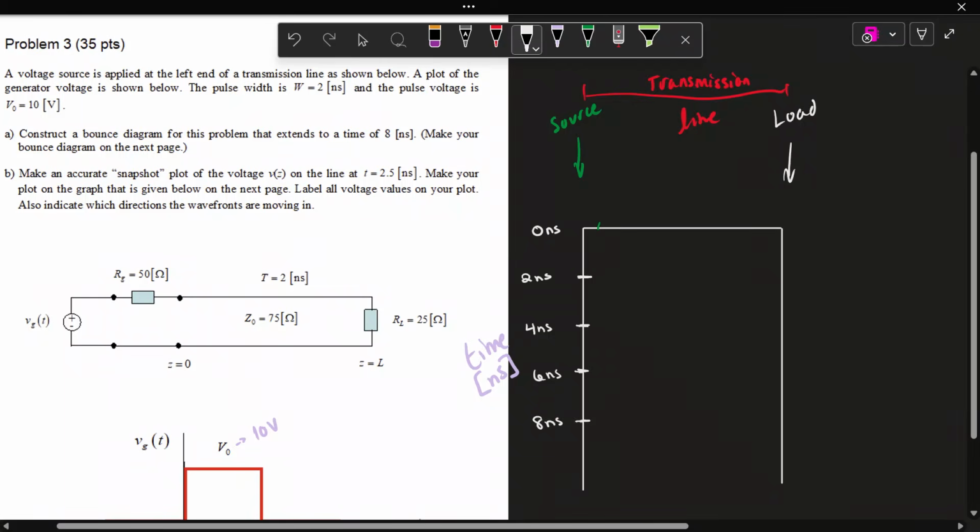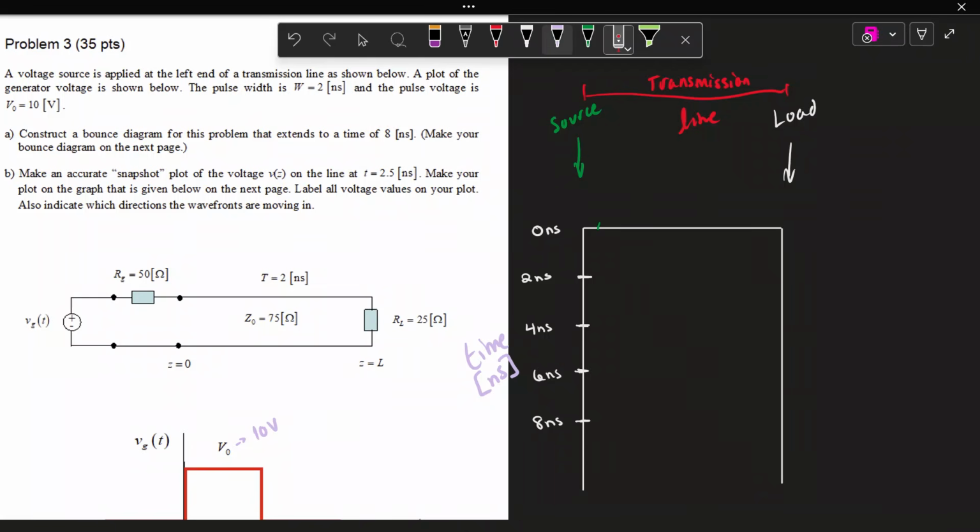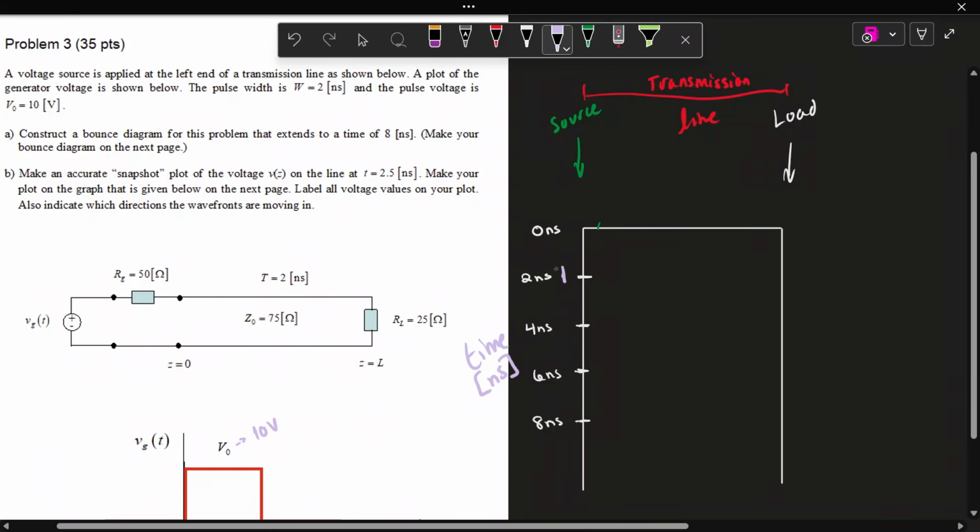Now, why do I stop at 8 nanoseconds? Well, that's what it asks us. It asks us to plot a bounce diagram that extends to a time of 8 nanoseconds. Another way you will see this is when they use only T's. So this is T, 2T, 3T, 4T.